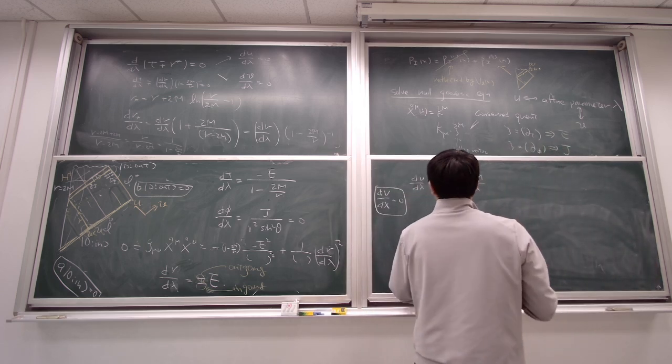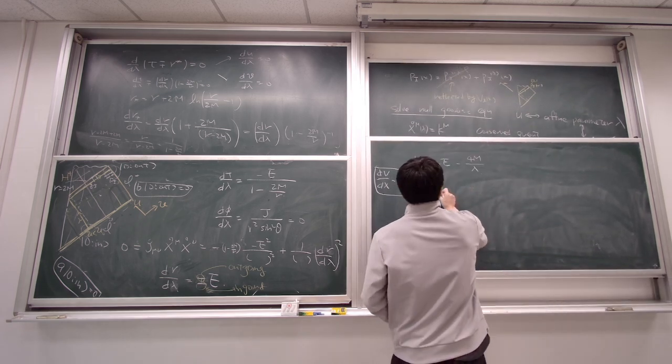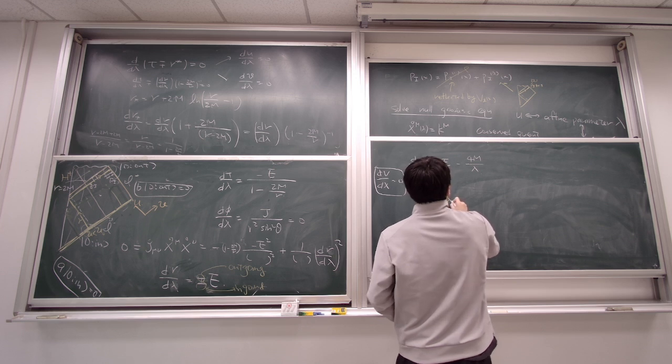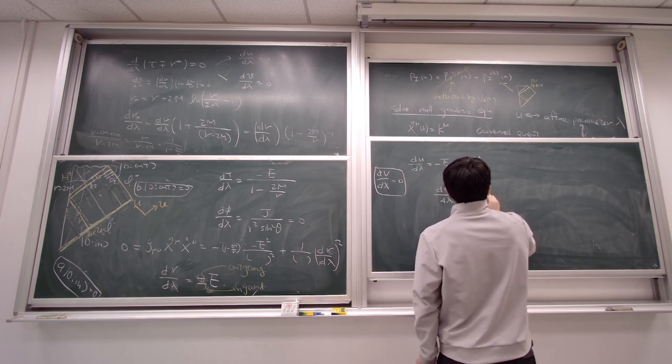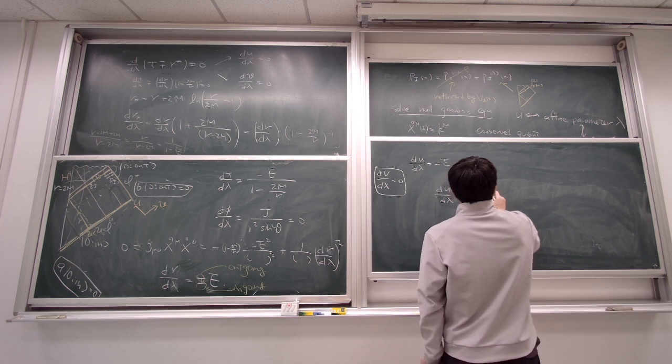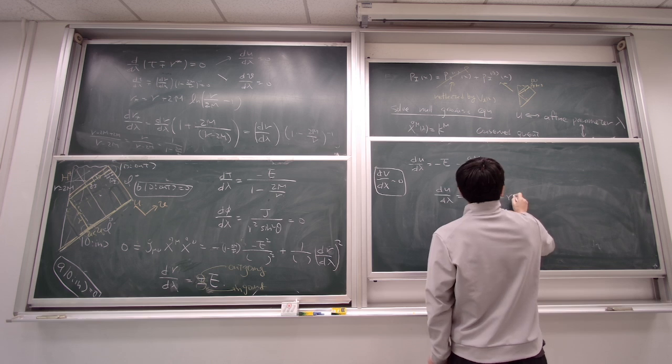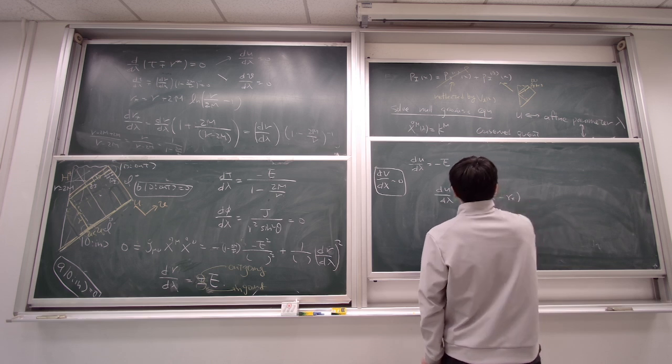Yeah. So sorry. So du d lambda is equal to d d lambda of t minus r star. Okay.